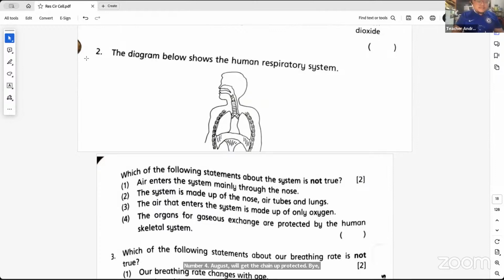Yes, Stella. I think that number 3 is not true because the air is not only made up of oxygen, because nitrogen can also enter it. All right, thank you, Stella. Yes, you are right. Number 3 is not true because the air that enters our body is made up of nitrogen, carbon dioxide, oxygen, and other gases.